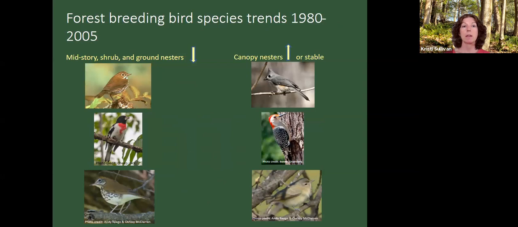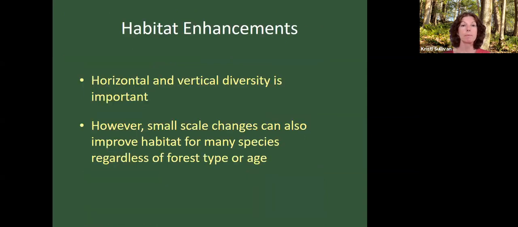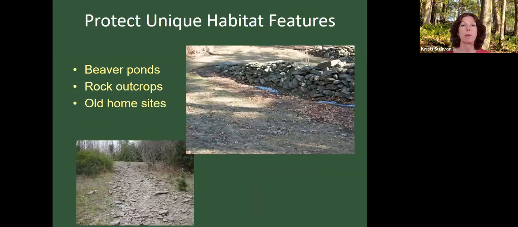And they speculated that one of the biggest drivers for this, again, is deer browsing and the lack of those layers of vegetation that the mid-story shrub and ground nesters might depend on for nesting. So horizontal and vertical structural diversity is important in forests. However, small-scale changes can also improve habitat for many species, regardless of the forest type you have or the age of your forest. And so I'm going to talk about some of those now.